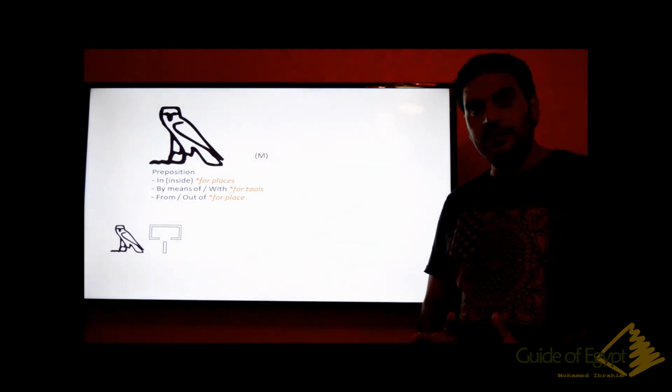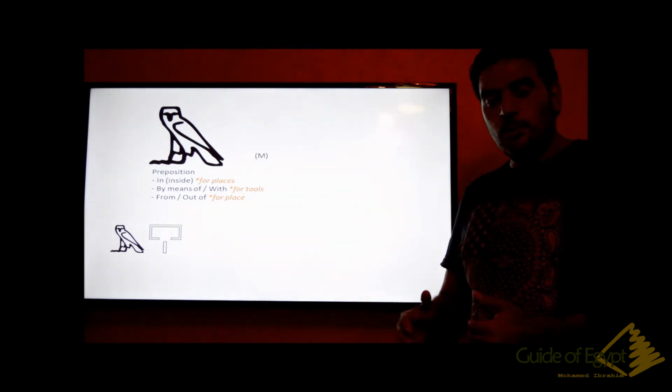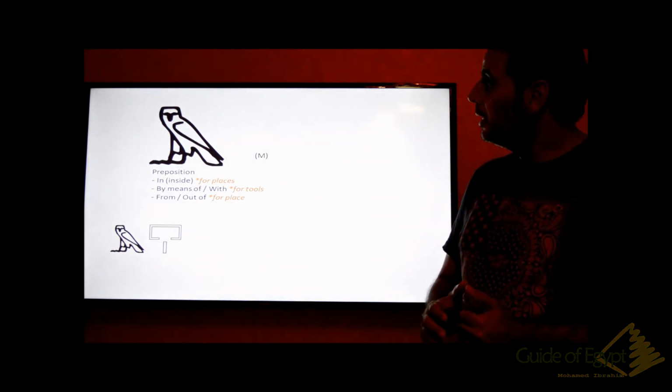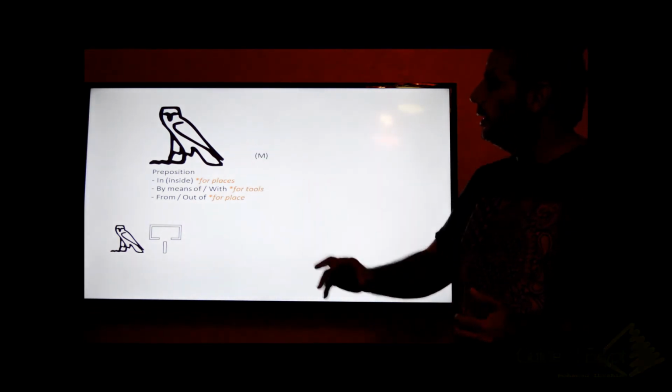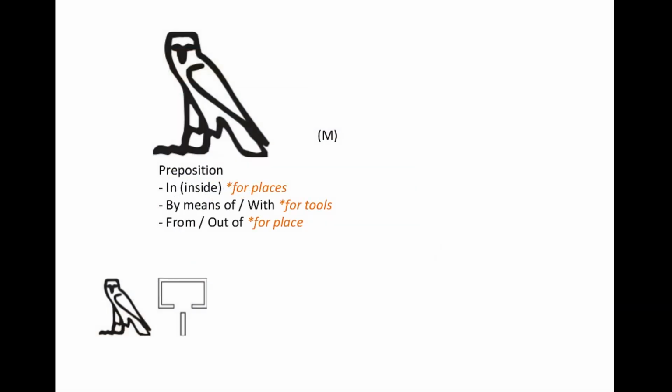Now we come to the real deal. This is the most important part of this lecture. Letter M can play as a regular M, like when I say Muhammad, I use it as part of my name, but we can also use it as a preposition. It can also represent the name of the owl. If we add a stroke next to it, it means the noun owl.